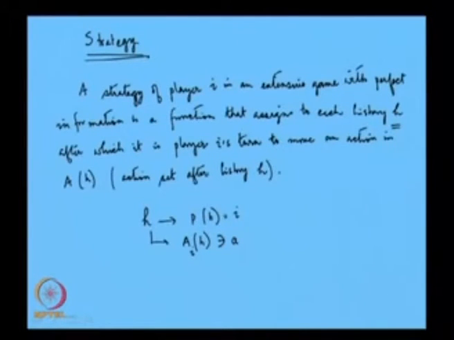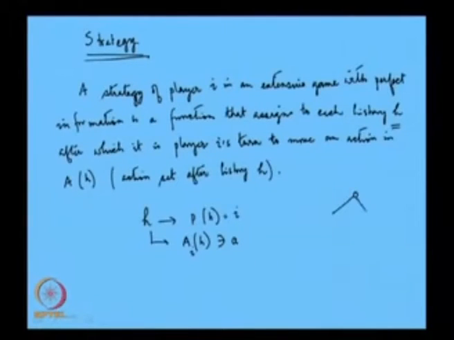in the games that we have seen before, just now we have talked about this entry game, each player had just one history after which he moves. For example, here the challenger, suppose CH is moving, here the incumbent is moving. So, this challenger is moving after a particular subhistory. Which is the subhistory after which the challenger is moving?